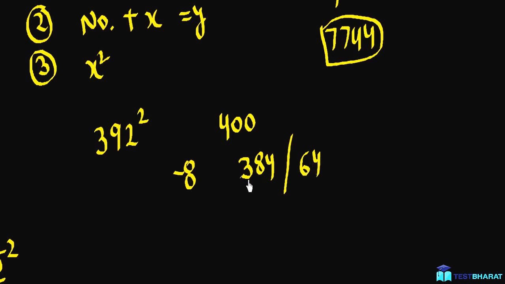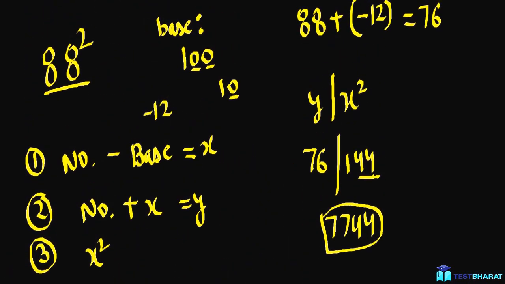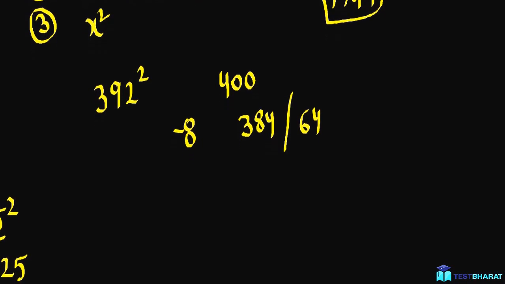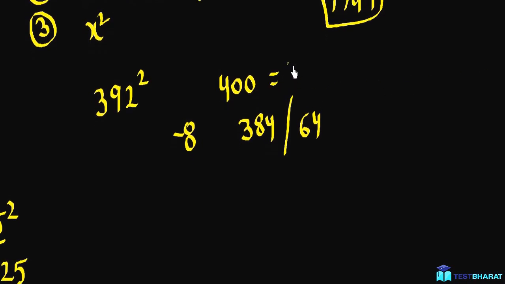Now here the difference is, if I had taken this as, let's say, 100, the calculation was straightforward. I would put y slash x square and just simply add it up. But now I cannot do that, because my base is 400, and 400 is nothing but 4 times 100.